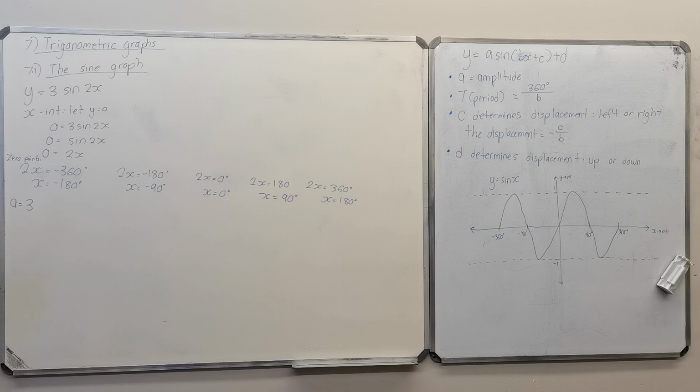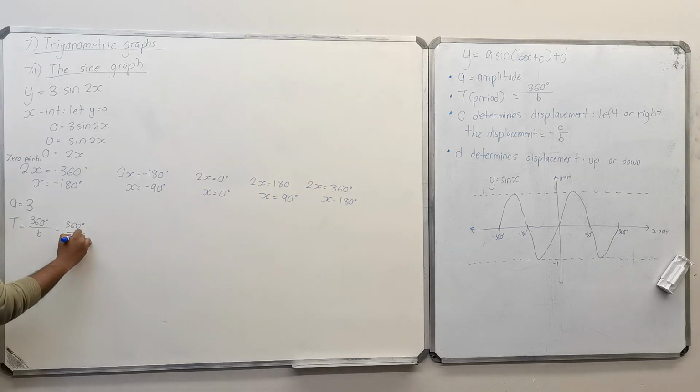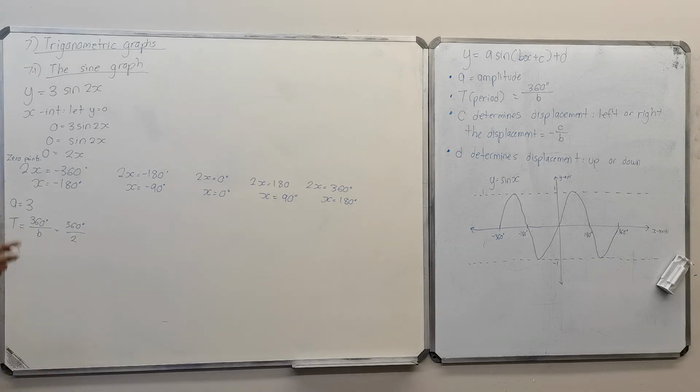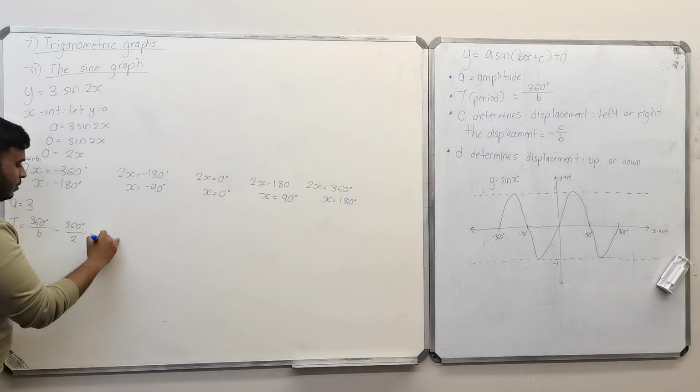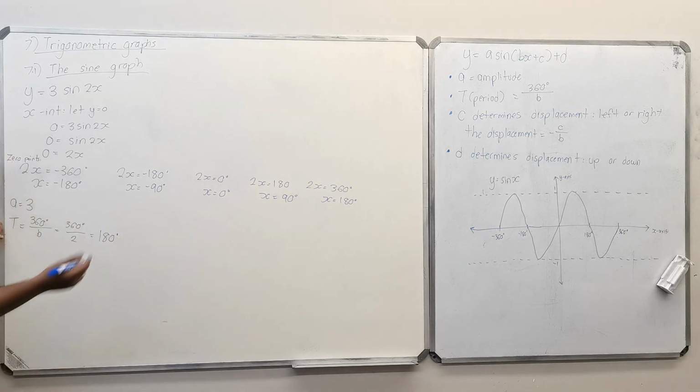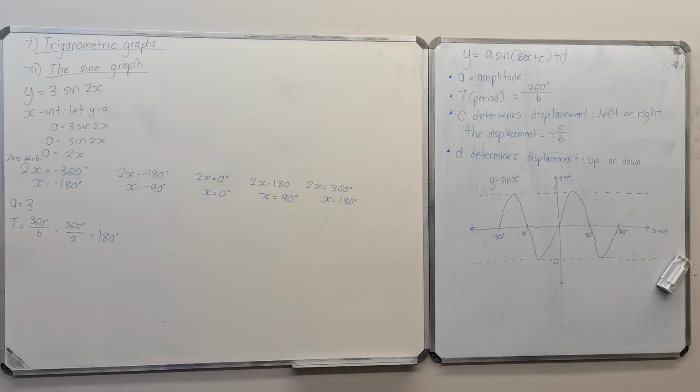Then the period of this graph is equal to 360 divided by b, which is 360 divided by 2. Your value of b is 2. So this is 180 degrees. There's no displacement on the left or right of the graph. There's no displacement up or down on the graph.